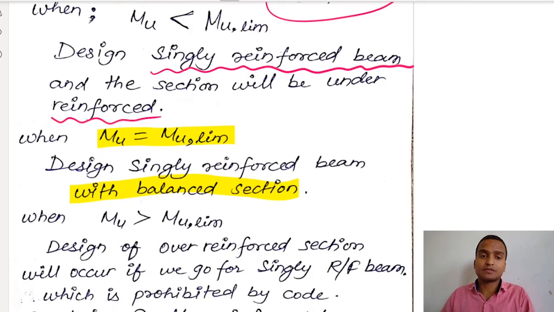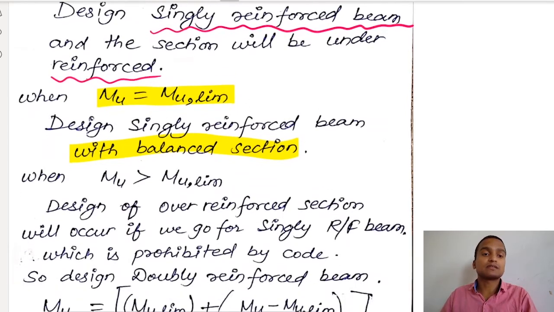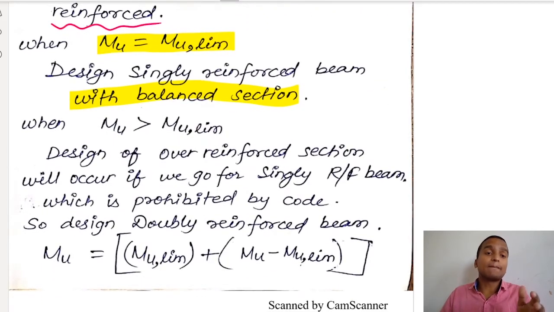So now comes our present case, where the applied moment on the beam exceeds the limiting carrying capacity of the beam. In such a case, if we design only a singly reinforced beam, the design will be an over reinforced section, which is prohibited by the code.